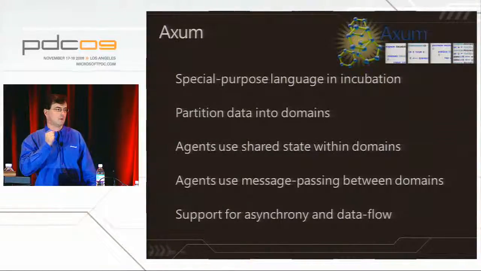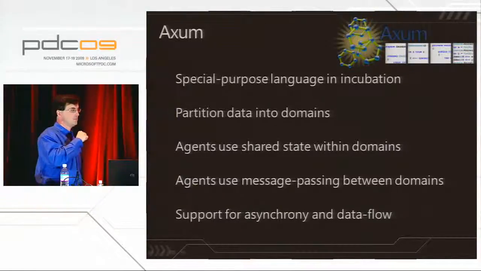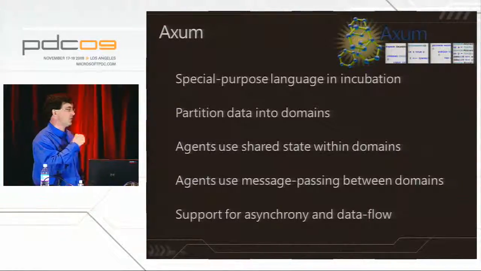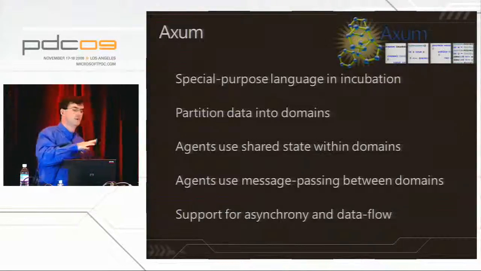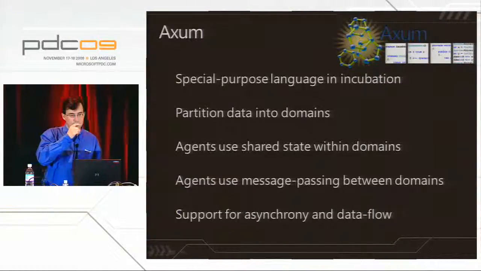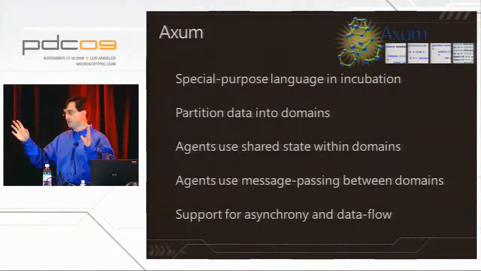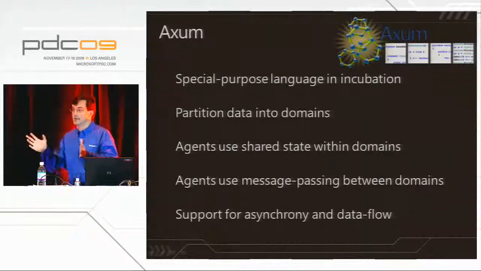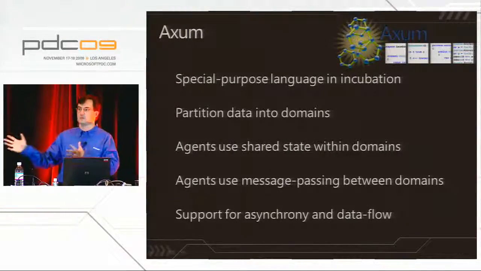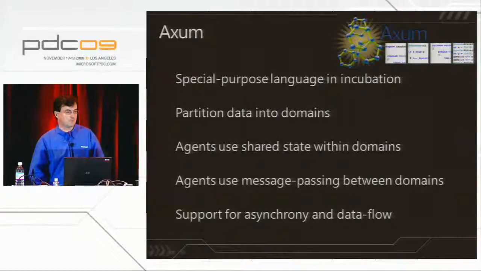So you are moving from a largely programmatic way, using locks and mutexes and barriers and whatnot, to a declarative model. Now, agents then communicate between domains. So you use message passing to communicate. Everything that passes between domains is via message passing.